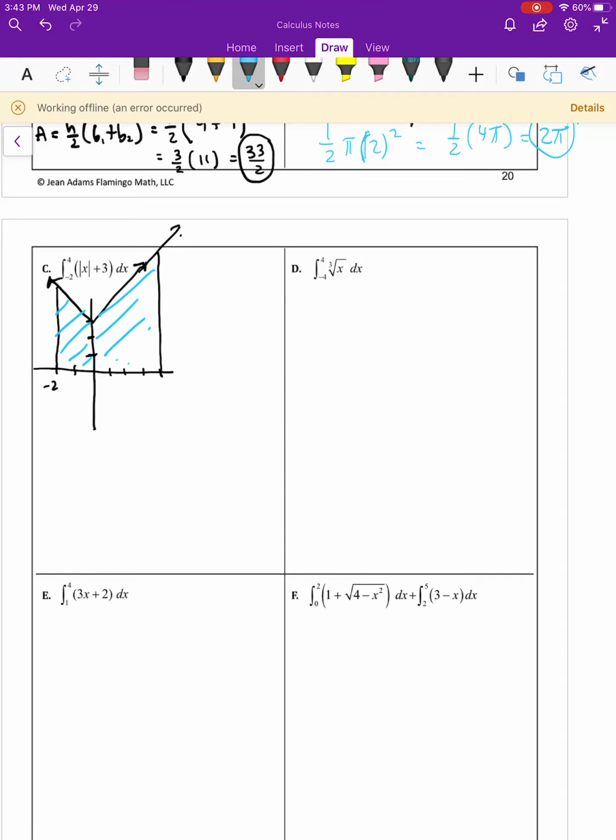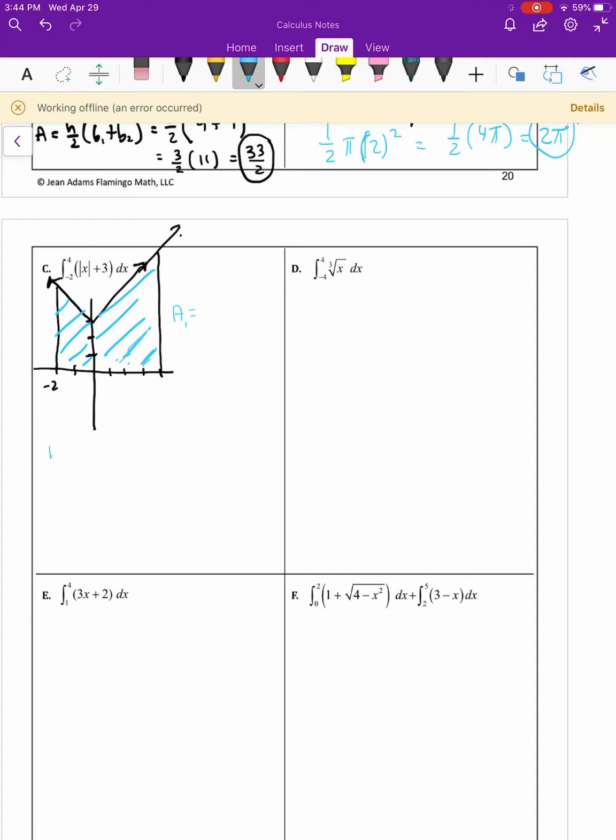Okay, so that means that we are trying to find the area of this trapezoid plus the area of that trapezoid. And if we find those areas and add them together, we've got the answer to the integral from -2 to 4 of the absolute value of x plus 3. So hopefully that looked familiar to you, I hope.